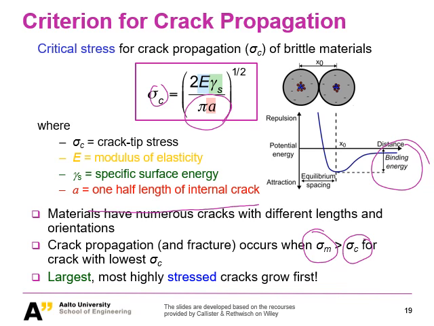So it is material dependent. It is also crack geometry dependent. And this only happens for those cracks with the lowest sigma c, right? Because if the crack is larger, for example, the a is larger, the required sigma c will be lower. And in the end, the largest and most highly stressed cracks will go first. And this is the conclusion of the previous two points.